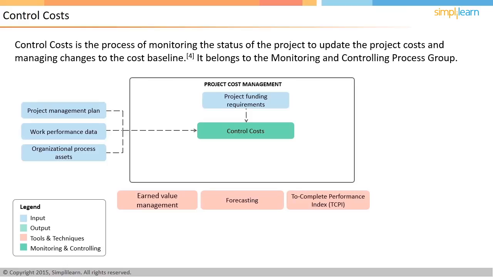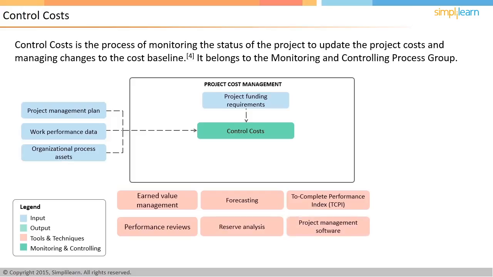Other important aspects of controlling costs are reviewing the performance, analyzing the reserves to make sure the project has enough budgetary reserves to meet the expenses, and project management software, which helps in tracking and managing costs. Now, let us look at the output of this process.